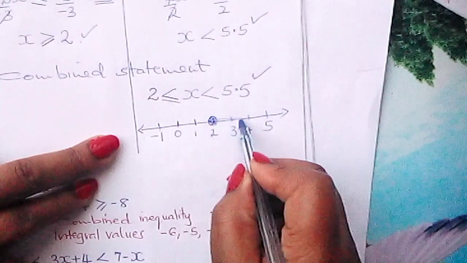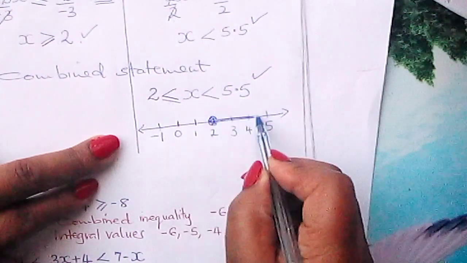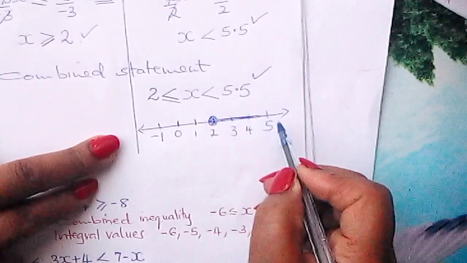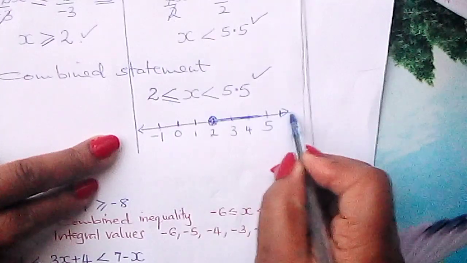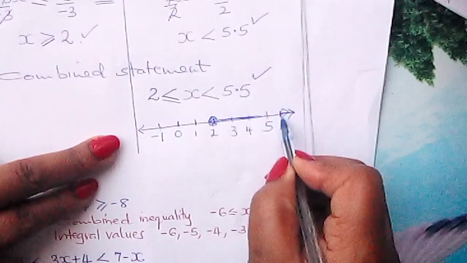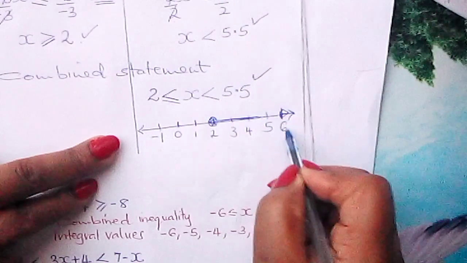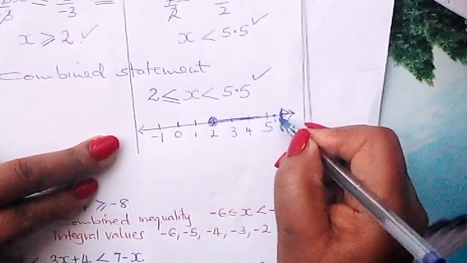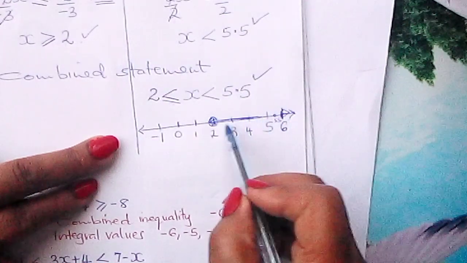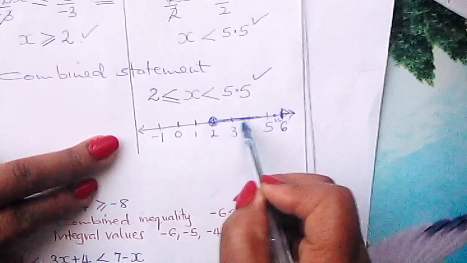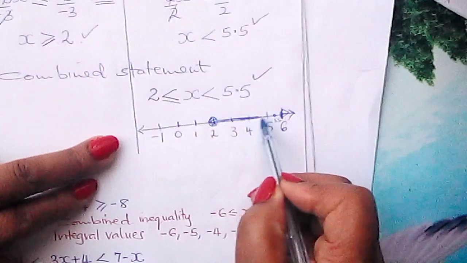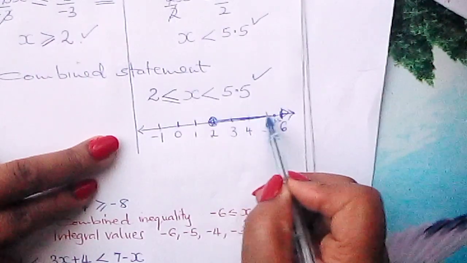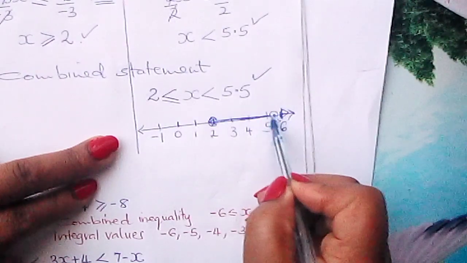And then all the way, but x is less than what? We need a 6 here so that we go to 5.5. Around here we have 5.5. So it will be 2 or more, all the way up to 5.5, but 5.5 is not included.